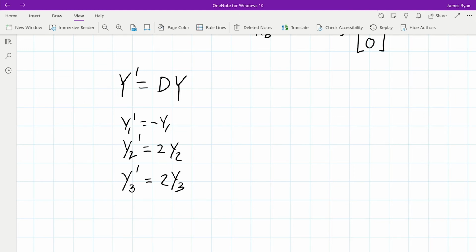And then if we solve these, we will get y is c1 e to the minus t, c2 e to the 2t, and c3 e to the 2t.